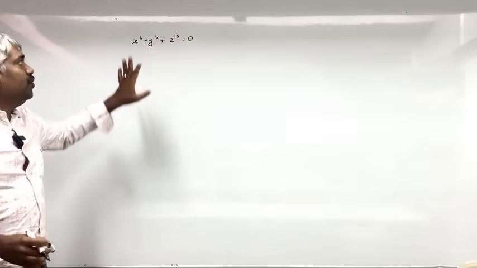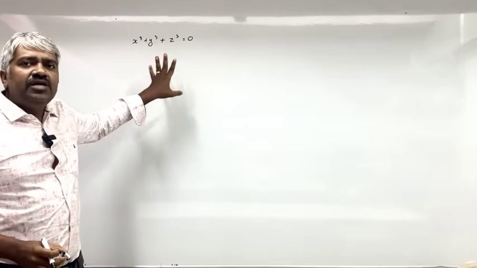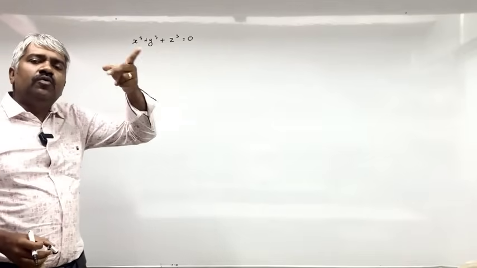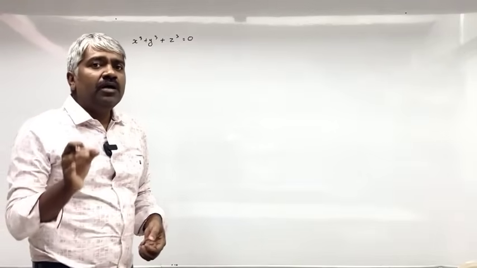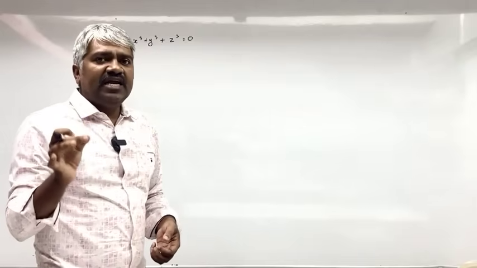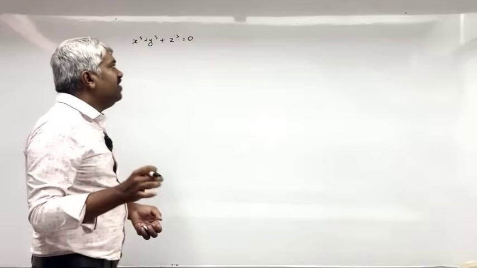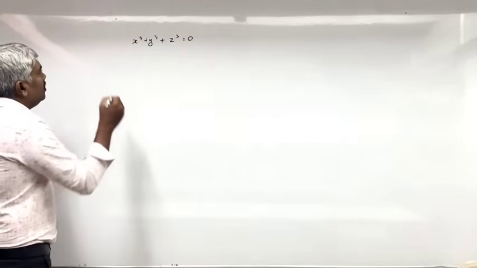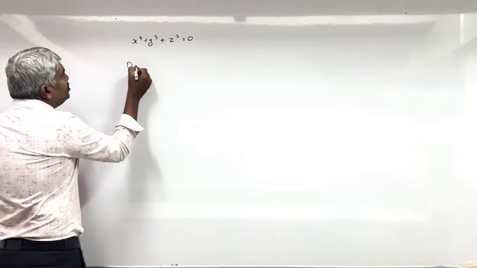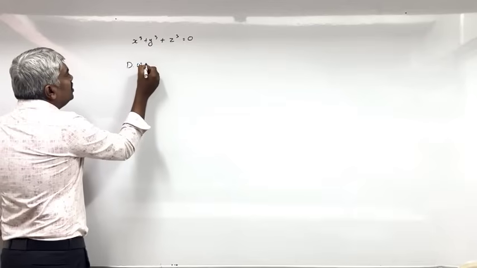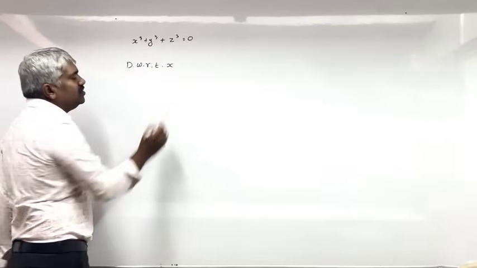Now I am going to differentiate this equation with respect to all the different axes for your better understanding and to get the clarity on the variables. Right? Now I am going to differentiate this equation with respect to x.